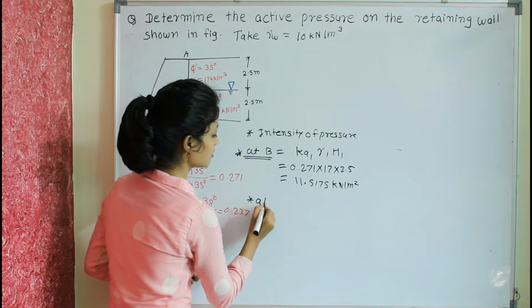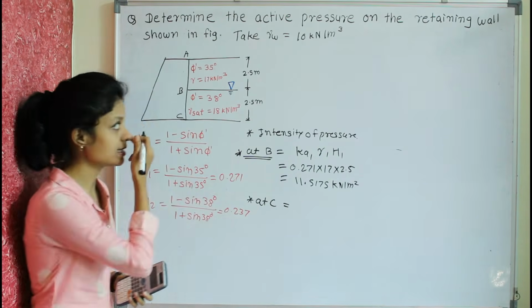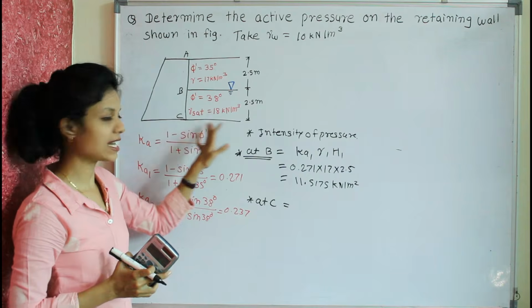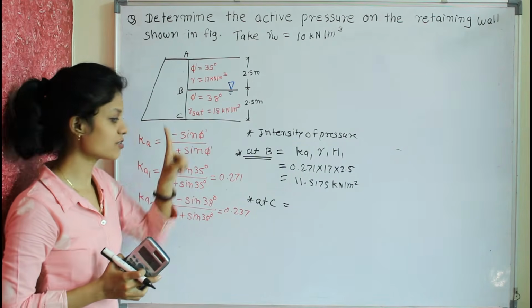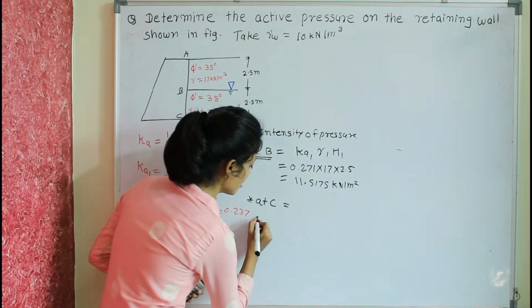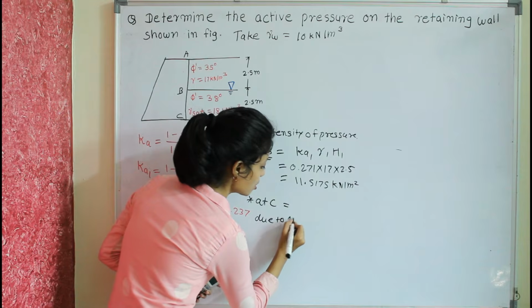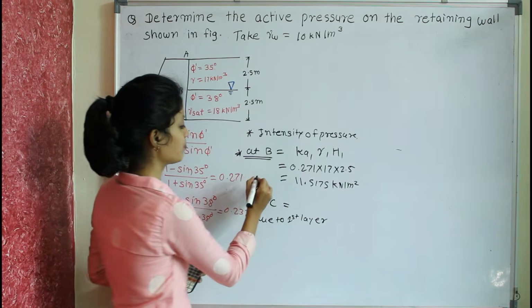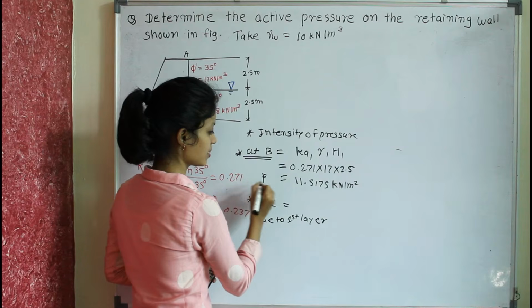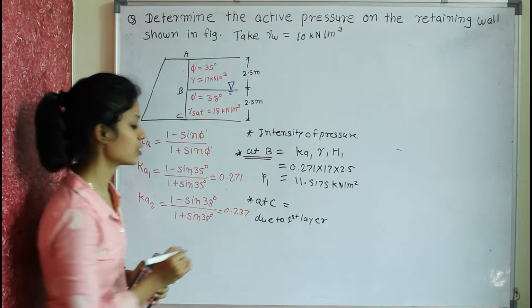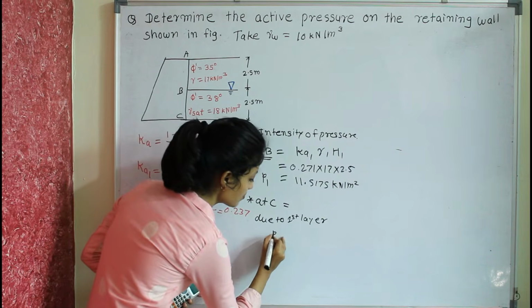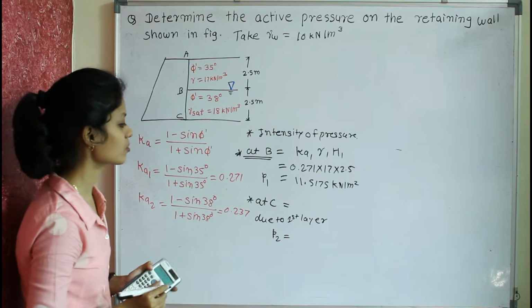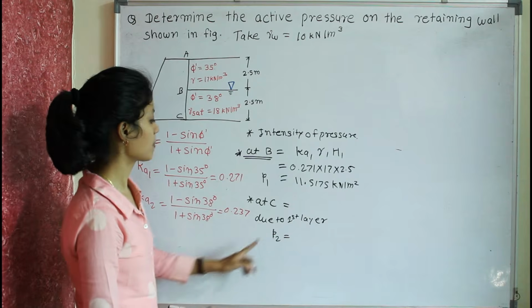Now at C. Here at C, pressure at base or at C due to first layer. Let small letter P2 equal to, due to first layer.